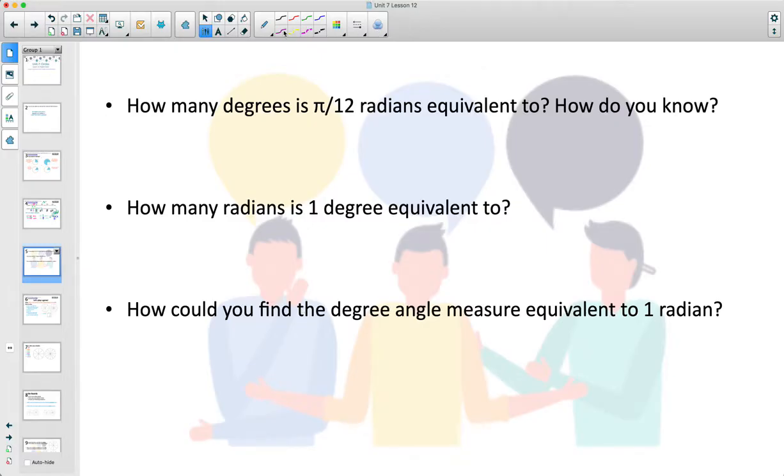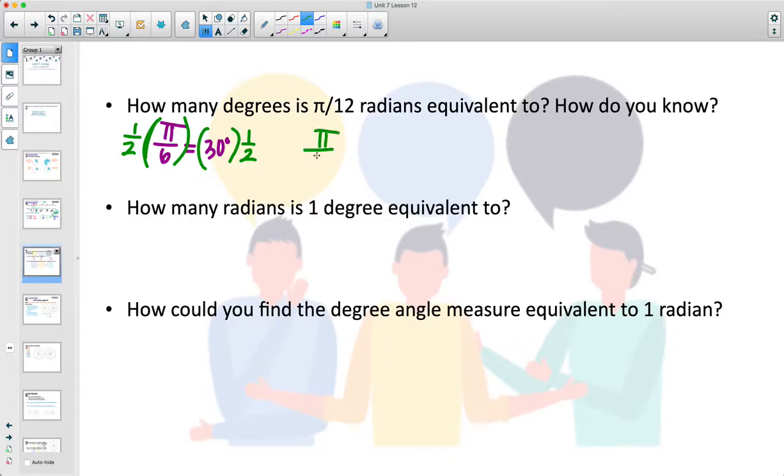Well, in the last one, we figured out that pi over 6 is equal to 30 degrees. So pi over 12 is half of that. Okay, so pi over 12 is half of pi over 6. So it's going to be half of 30 as well.